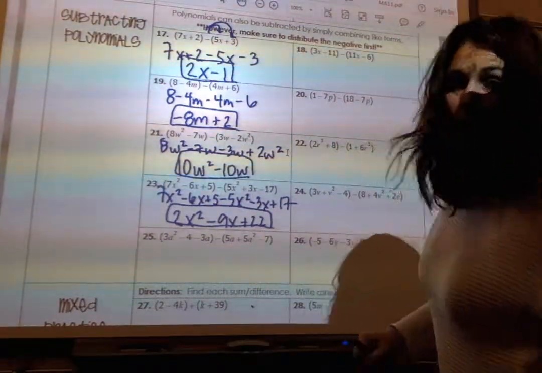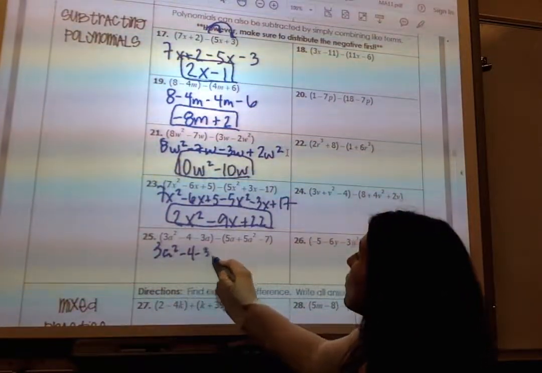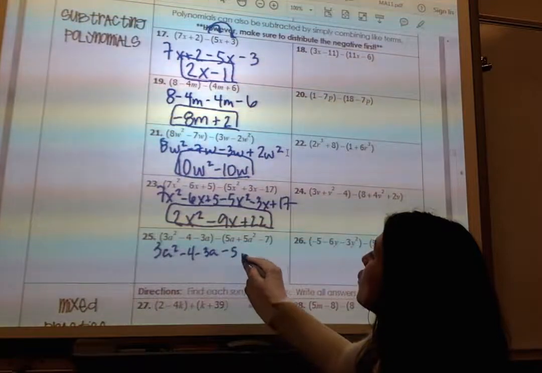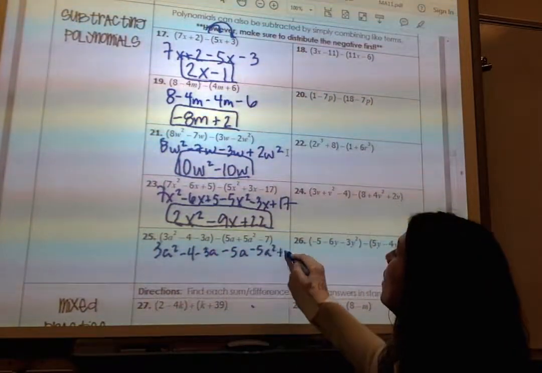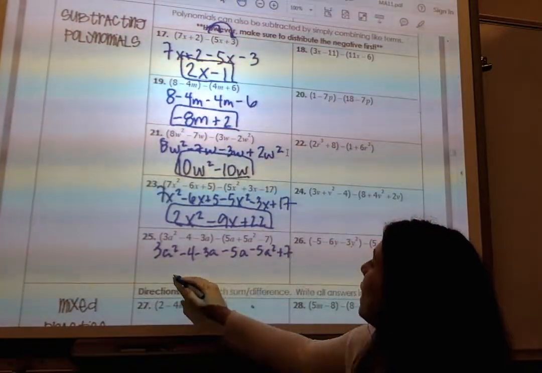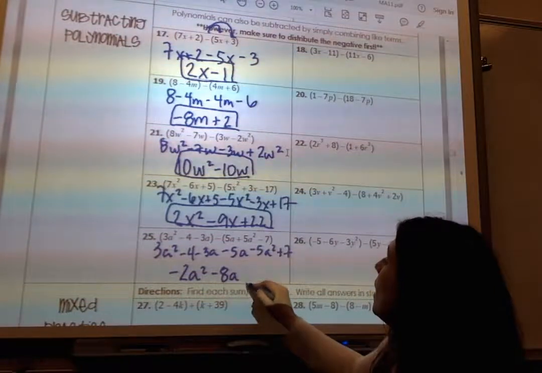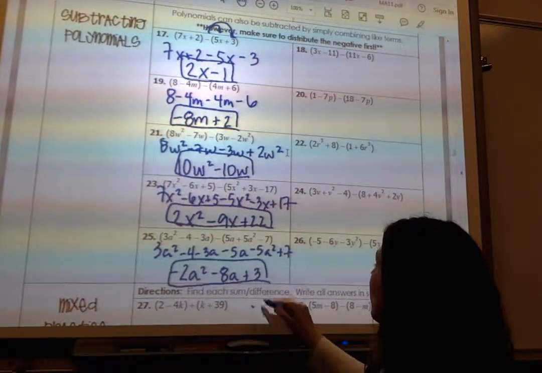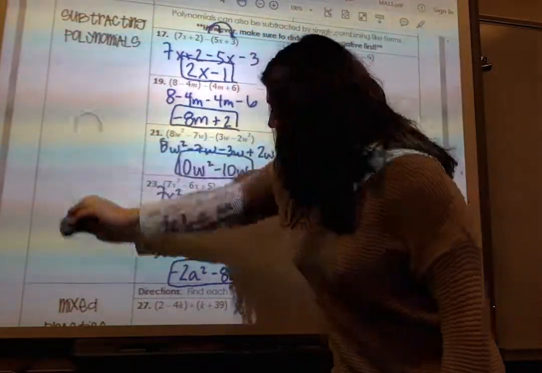That's my final answer. Last one down here, 3a squared minus 4 minus 3a remains the same. And I distribute that negative to get negative 5a minus 5a squared plus 7. So when I combine, I get negative 2a squared minus 8a plus 3. And that's my final answer. Okay? So that's adding and subtracting.